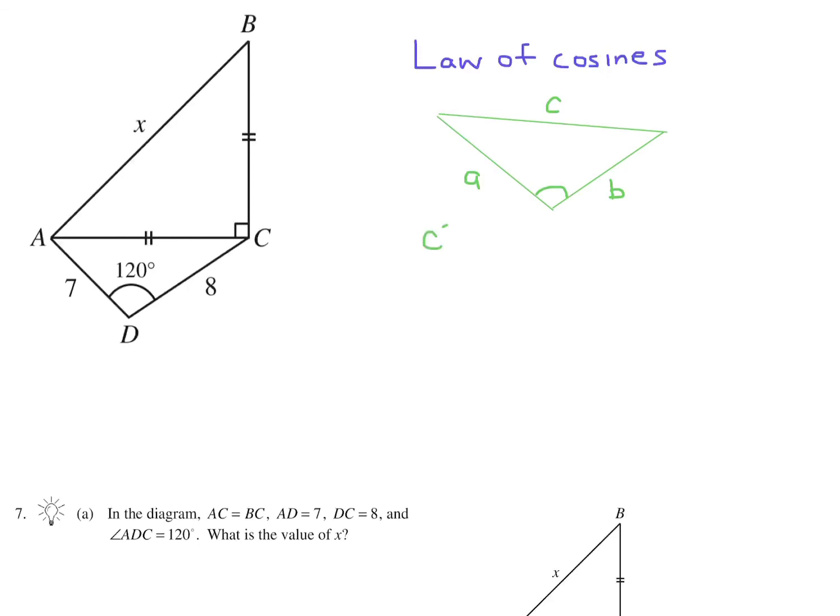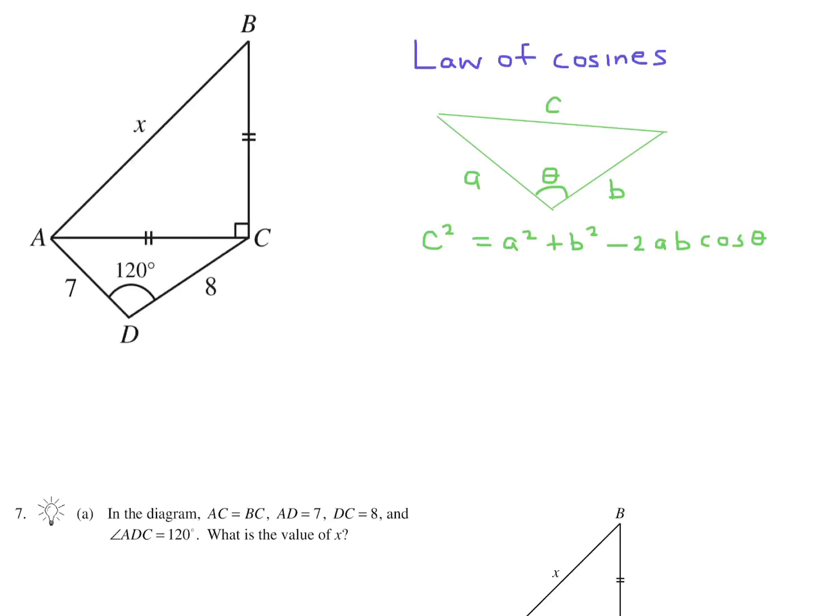And the equation is c squared is equal to a squared plus b squared. So far it looks like Pythagoras, right? But this is not a right triangle. So because it's not right, we have to take into consideration the angle and cos of this angle right here, which I'll just call theta.